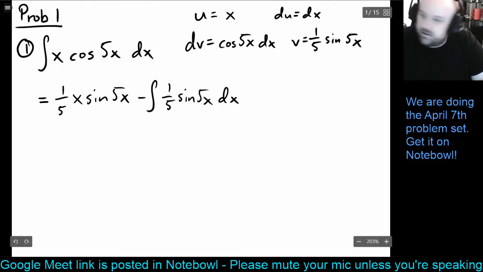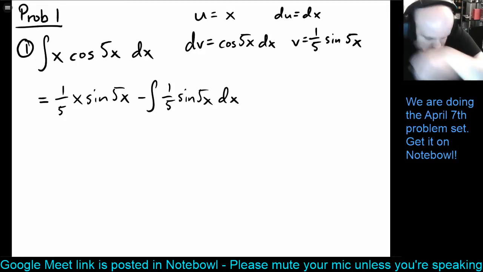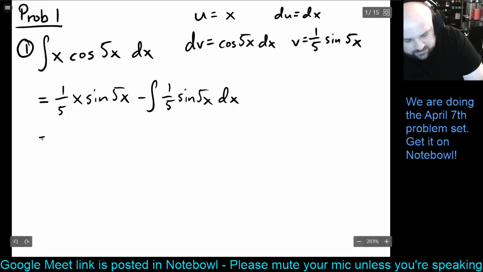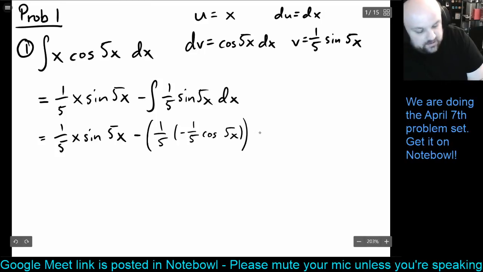Now we just integrate the second piece. So 1/5 x sine of 5x minus 1/5 times the integral of sine 5x, which gives negative 1/5 cosine of 5x, plus c.